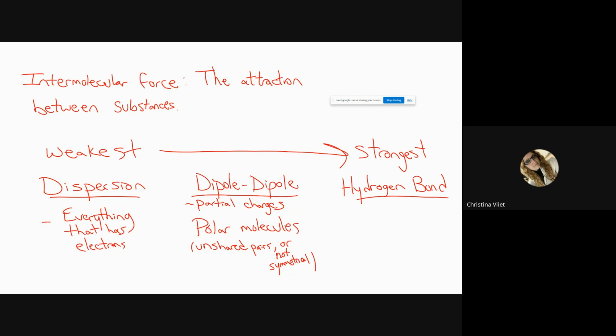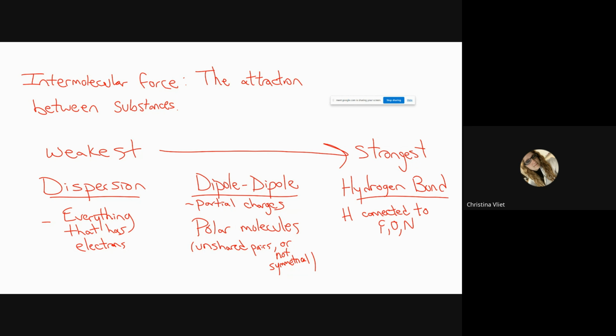Hydrogen bond. I could ask you if ion dipole is stronger than these. FON. And it is. Hydrogen bond is H actually bonded to F, O, or N. Because these are the three most electronegative elements, you get a bigger dipole, and a bigger dipole means greater attraction.